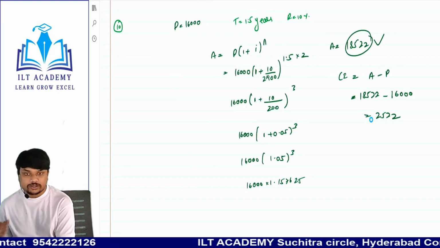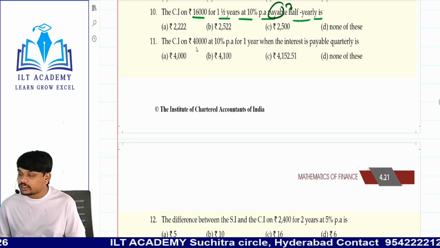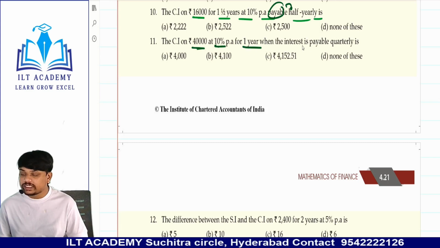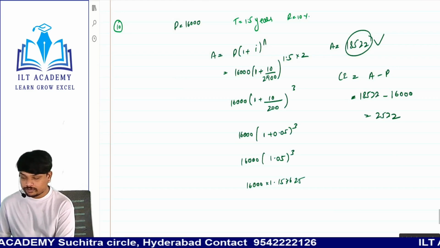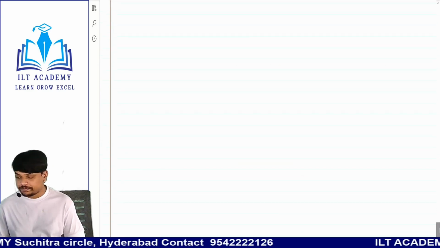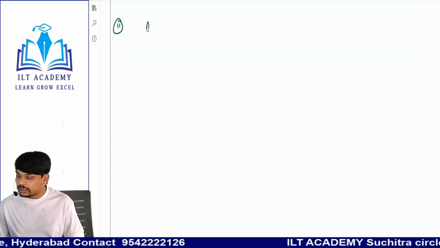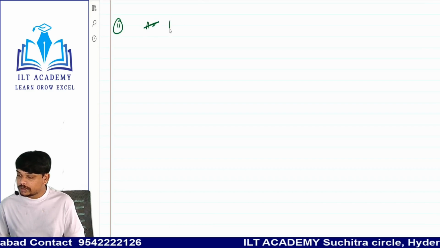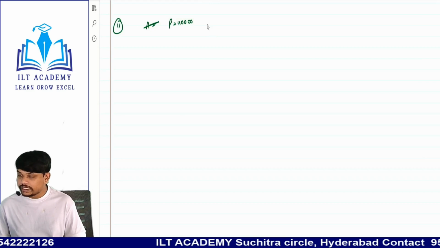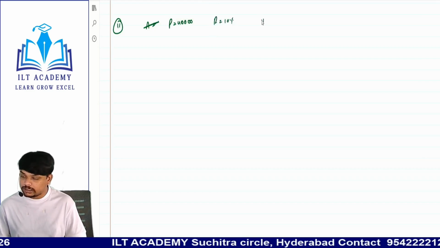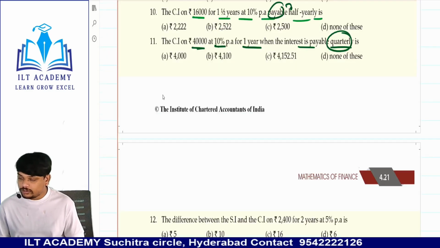Now let us follow the next one. The 11th one. What is the question? Compound interest on 40,000 at 10% per annum for 1 year when interest is payable quarterly. Same format. Principal is 40,000, rate is 10%, time is 1 year, and we need the compound interest.